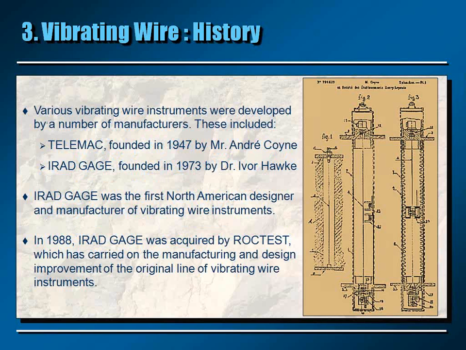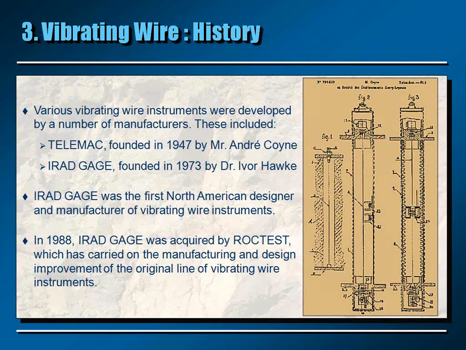So over the years, many manufacturers developed different types of sensors using this technology, including Telemac, that was founded in '47 by Mr. André Cohen, and Iron Gauge, that was founded in 1973.